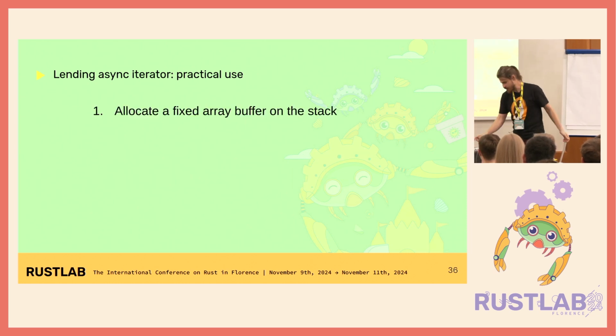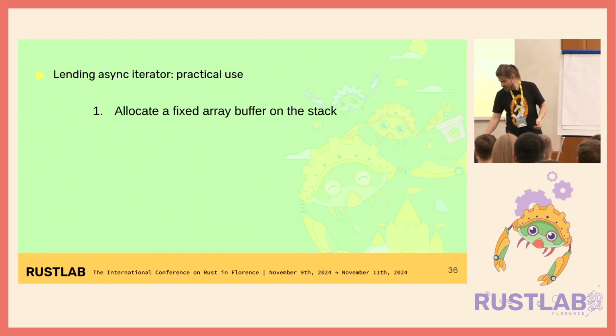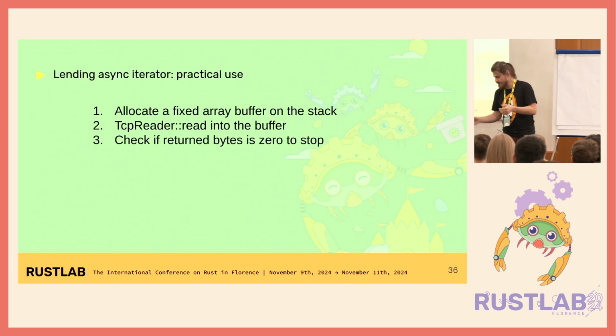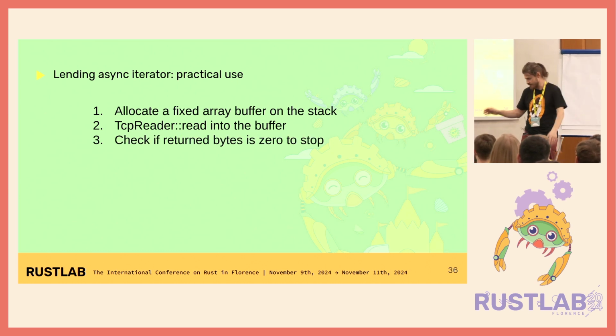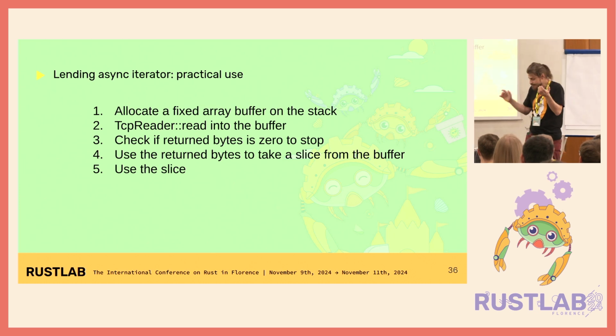Okay, it's pretty simple. We allocate a fixed array buffer, and in order to get the data, you can call read of the TCP reader in order to read into the buffer. What you get is the number of bytes read. If it's 0, okay, done. Otherwise, we can use the number to slice into the buffer, and then we can use the slice. And that's it.